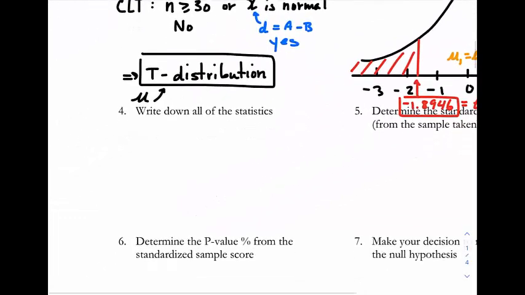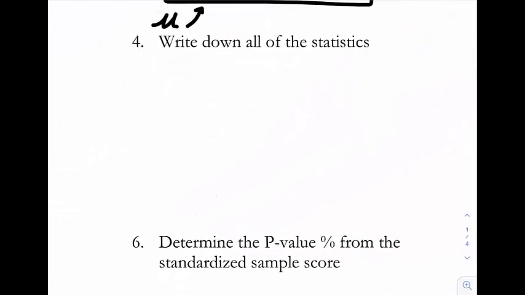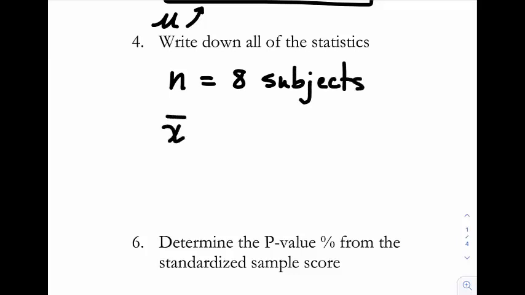So let's go ahead and collect the sample for step 4. Here in this case, we know that N is equal to 8 because we have the 8 volunteers. X bar is going to reflect there for the differences and also the sample standard deviation.